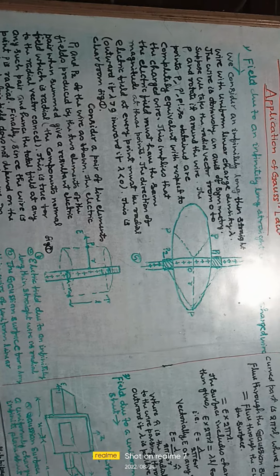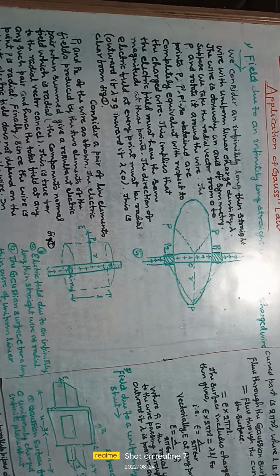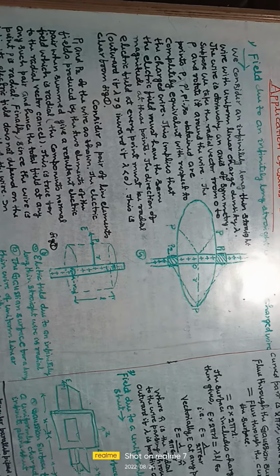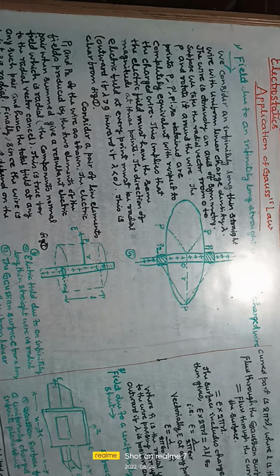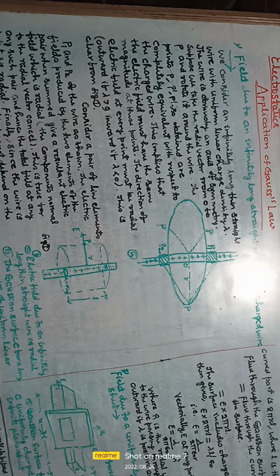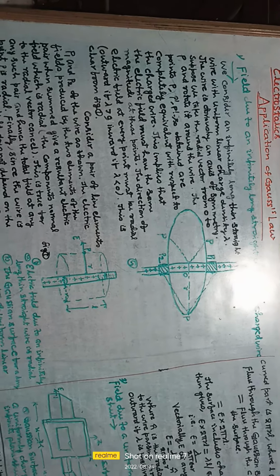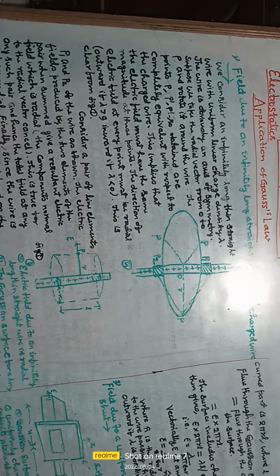Suppose we take the radial vector from O to P and rotate it around the wire. The points P, P dash, P double dash so obtained are completely equivalent with respect to the charged wire. This implies that the electric field must have the same magnitude at these points. The direction of electric field at every point must be radial.